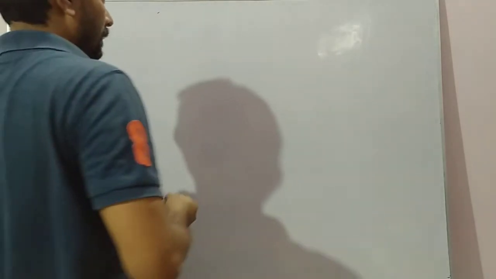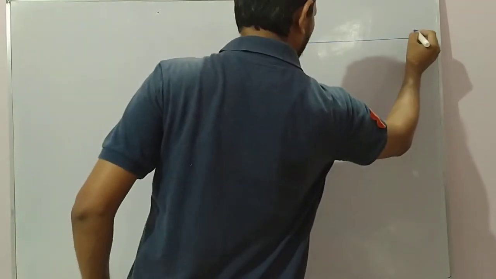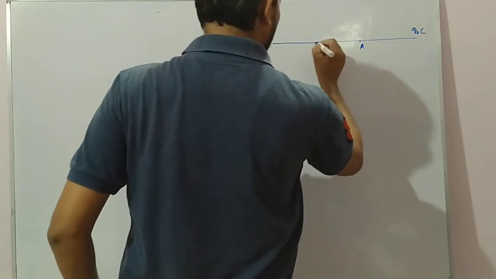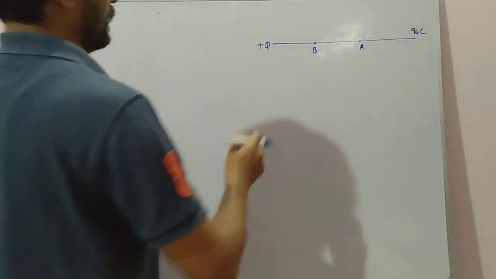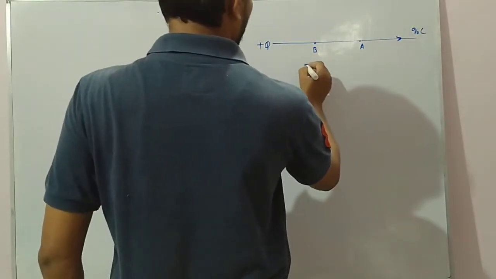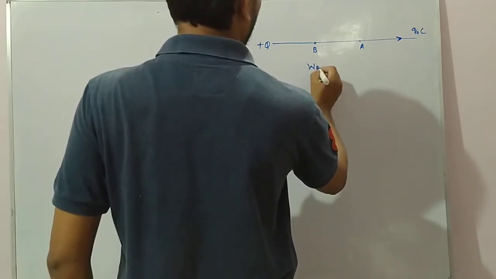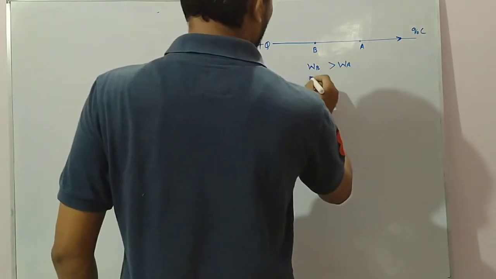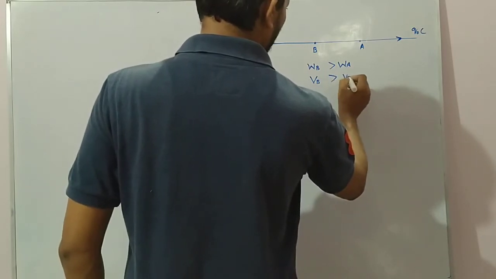This is a plus Q charge, and here this is Q naught coulomb of charge. This is A, this one is B. So it is natural that the work done at B will be greater than that at A. So potential at B will be greater than potential at A.